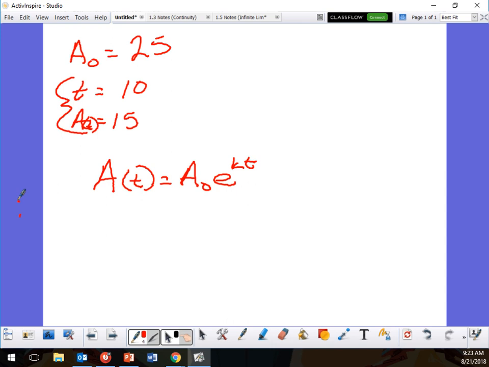All right, so we're going to fill in some values here. What's my initial going to be? 25. So I have a point there. What's my time at initial? 0.